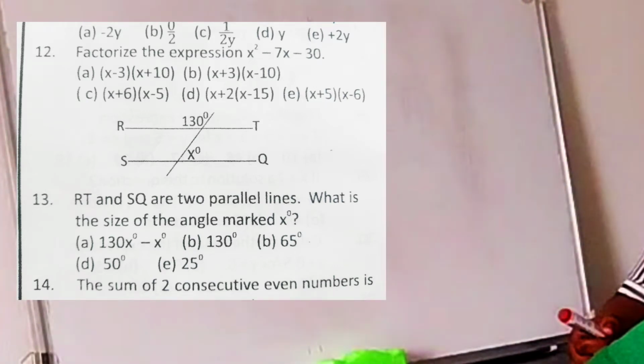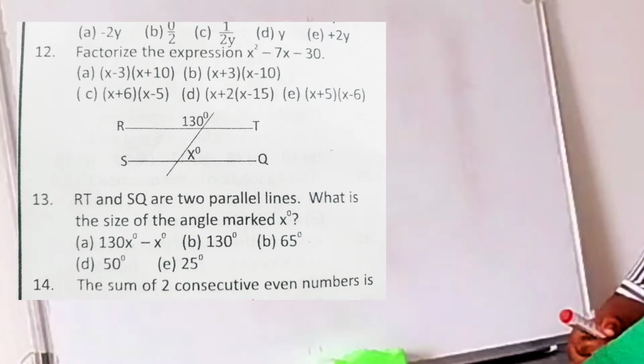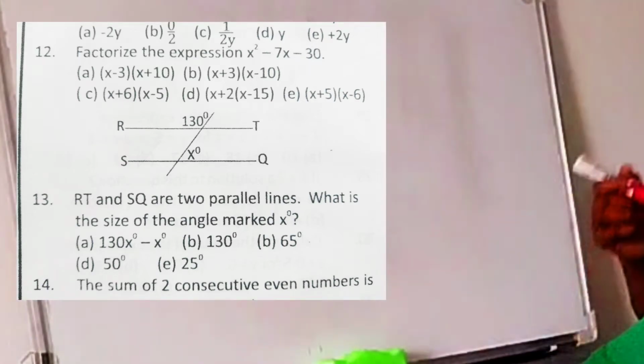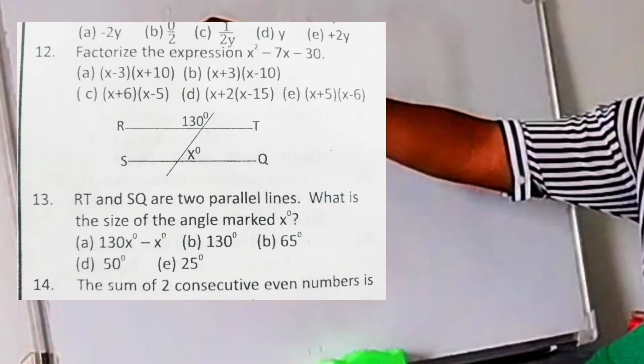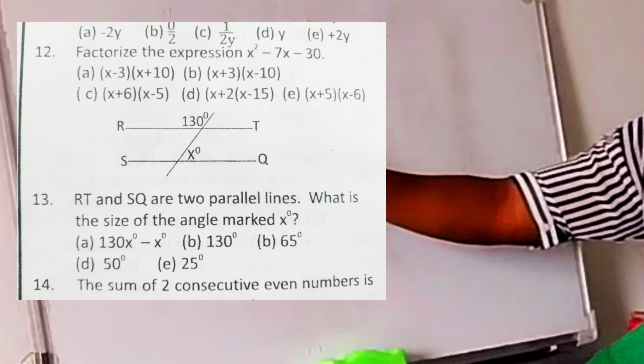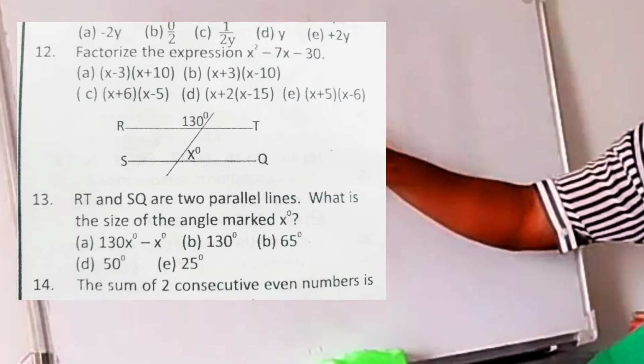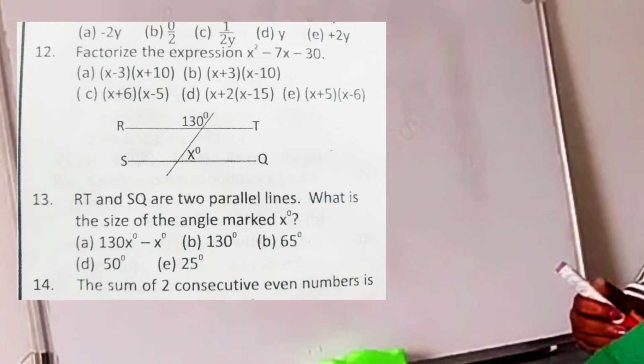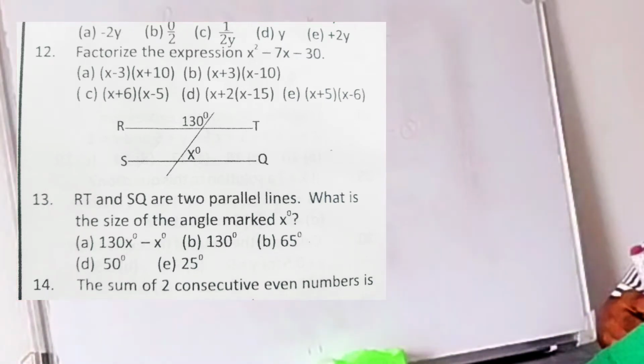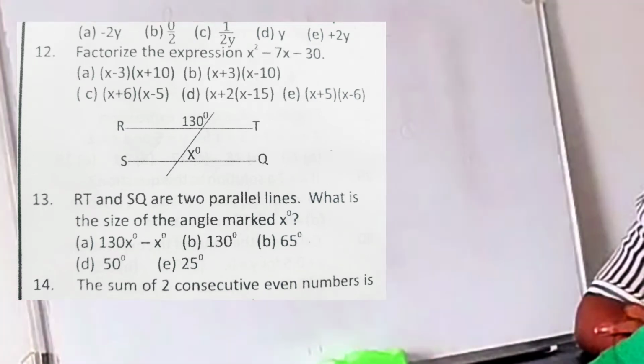So what are we looking for? RT and SQ are 2 parallel lines. They are parallel, so you see an arrow on the 2 lines. What is the size of the angle marked x degrees?